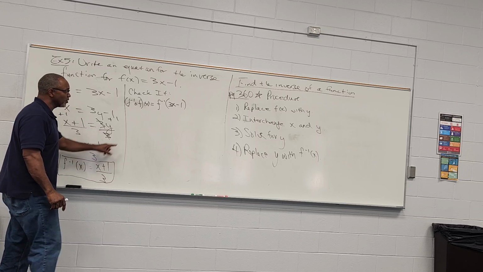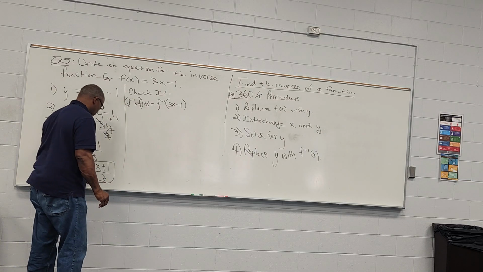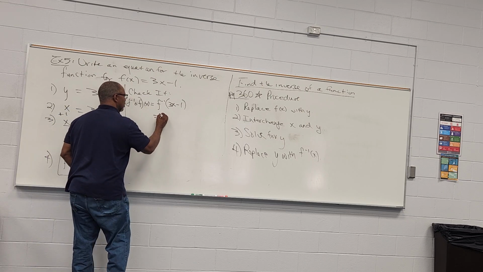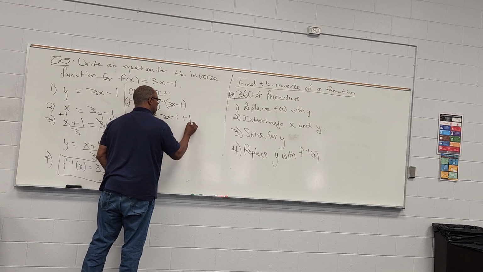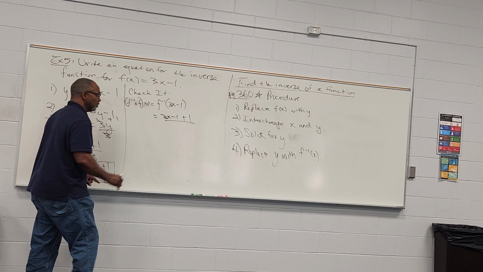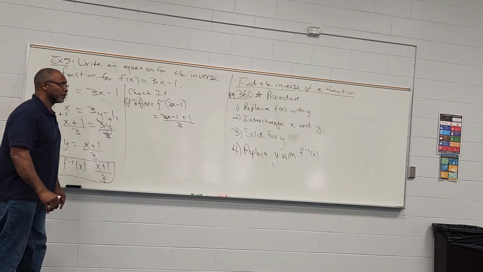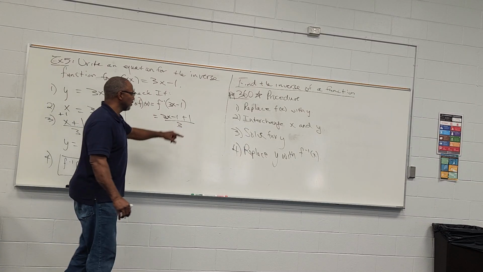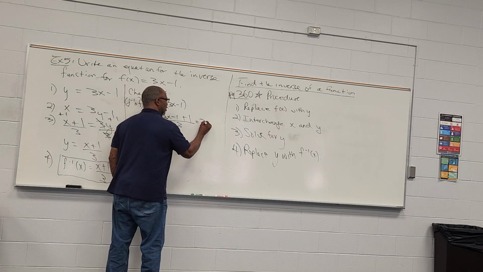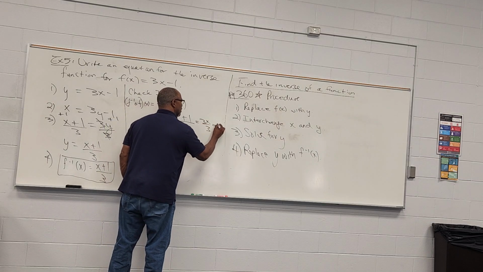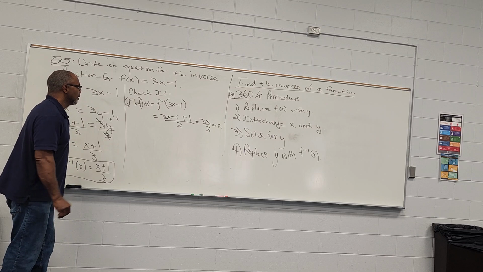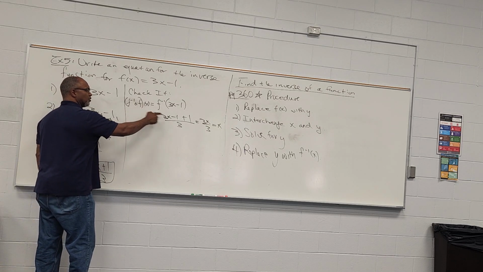Everywhere I used to have an x, I'm going to put that whole 3x minus 1. So x plus 1 becomes 3x minus 1 plus 1 all over 3. But the minus 1 and the plus 1 kill each other. You get 3x over 3, you get x.